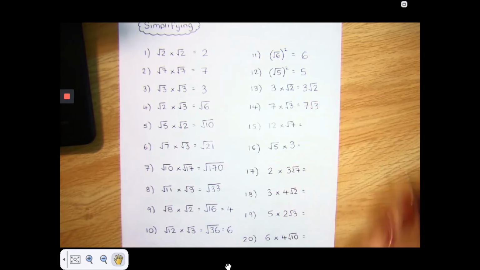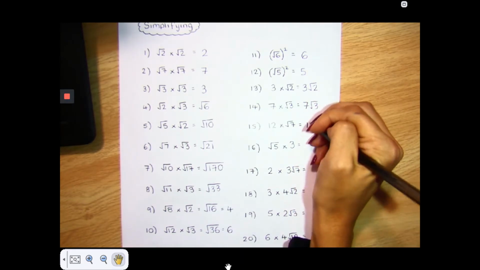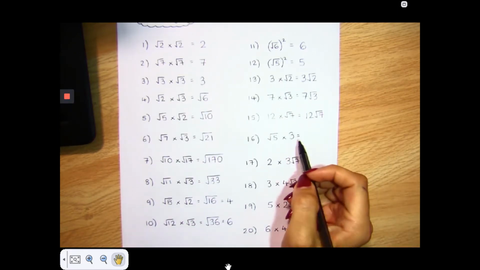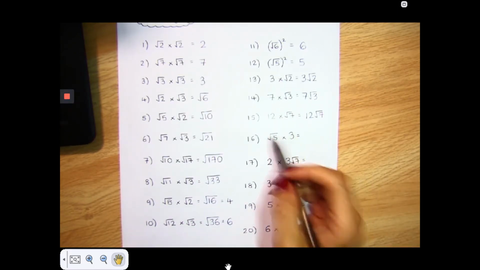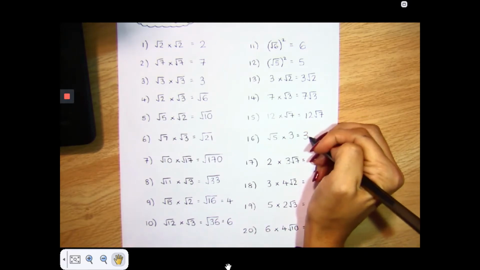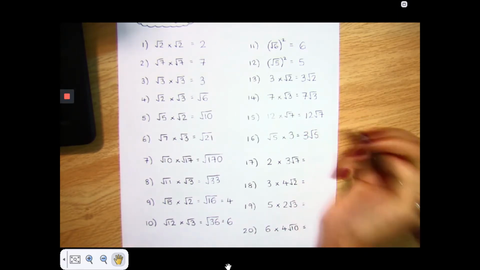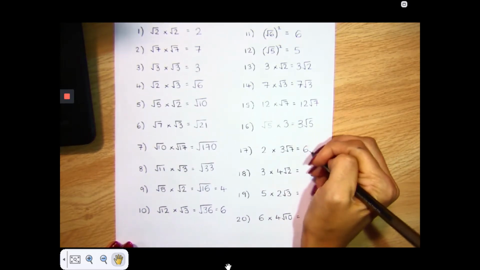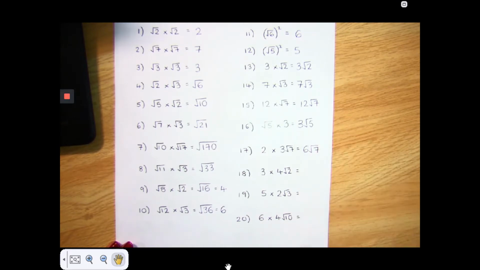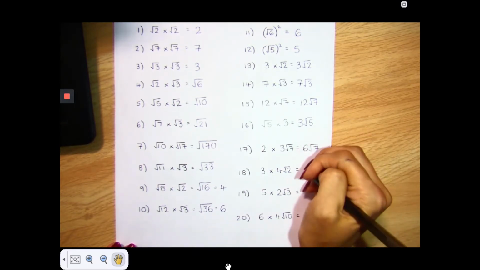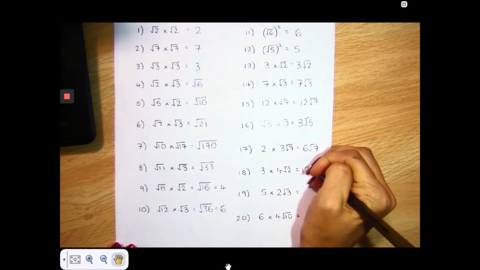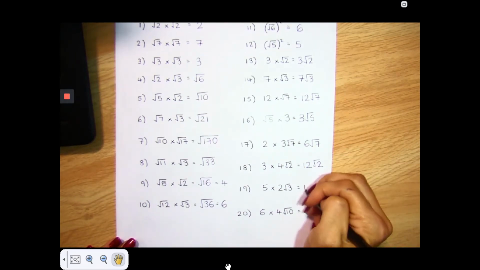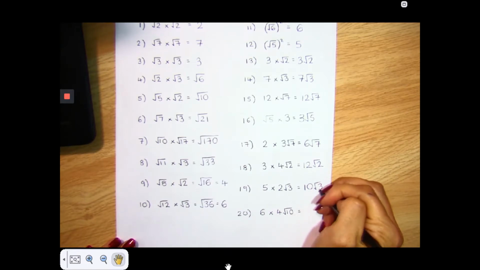And then root 5 times root 3 is the same as 3 times root 5, so 3 root 5. 2 times 3 root 7 is 6 root 7. 3 times 4 root 2 is 12 root 2. 5 times 2 root 3 is 10 root 3. 4 root 10 is 24 root 10. So hopefully you got most of those correct.